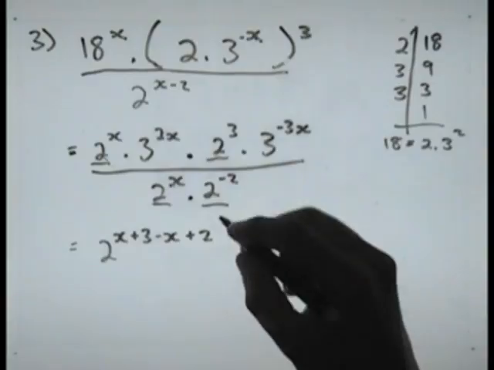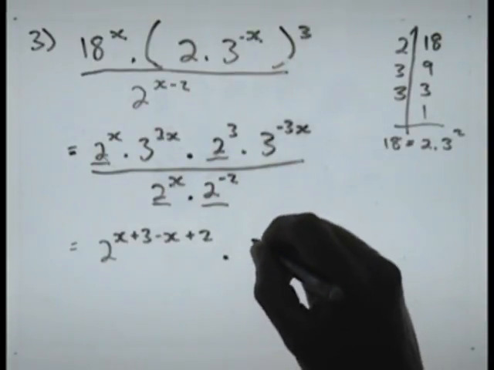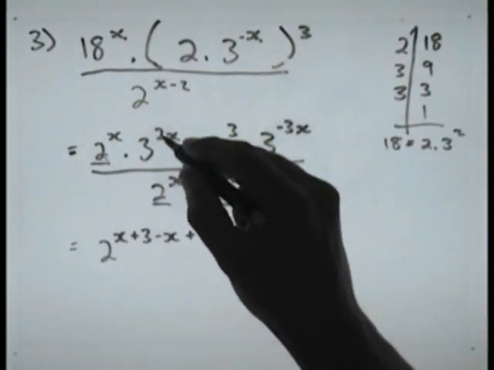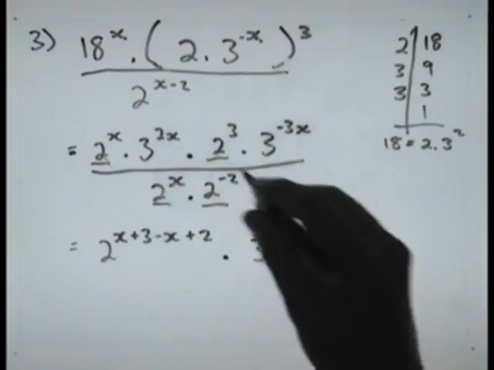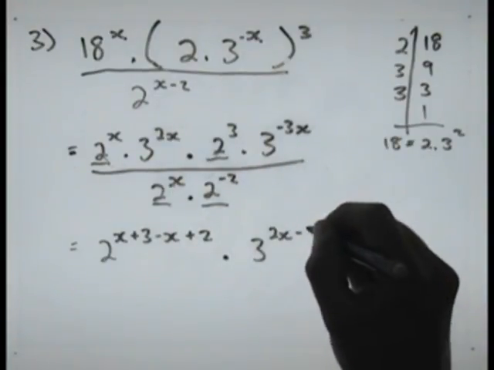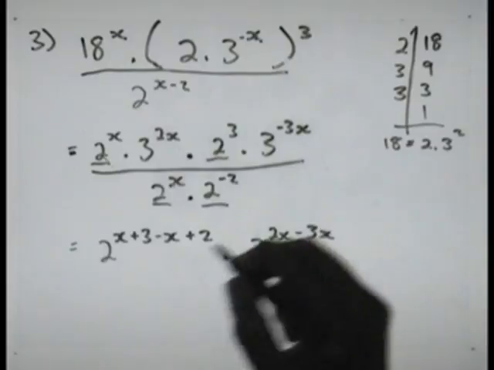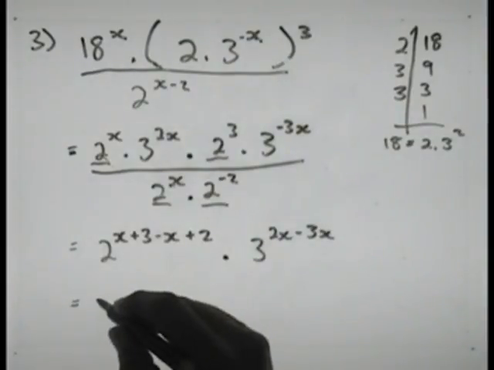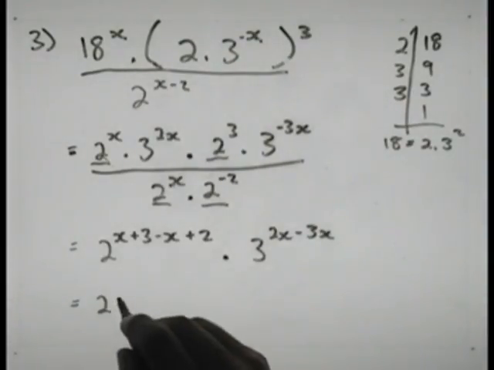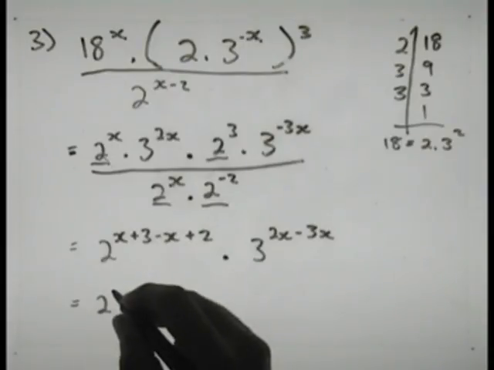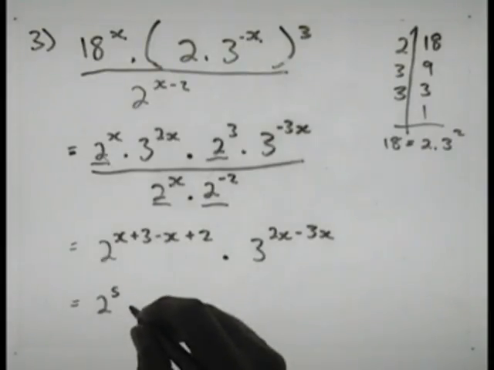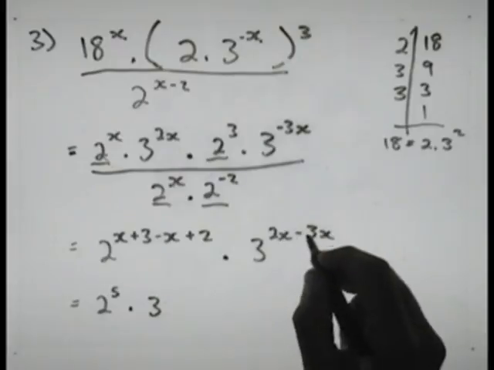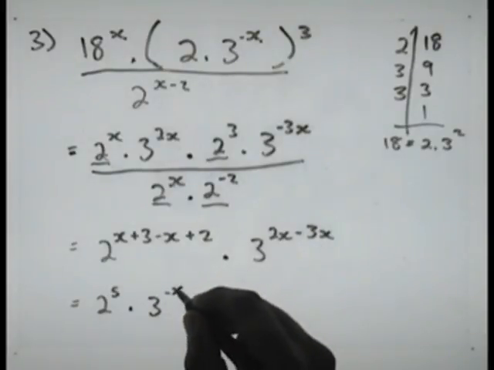Alright? Multiplied by 3 to the power 2x plus minus 3x, so it's 2x minus 3x, which gives me 2 to the power x minus x is 0, plus 3 plus 2 is plus 5, times 3 to the power 2x minus 3x is minus x.